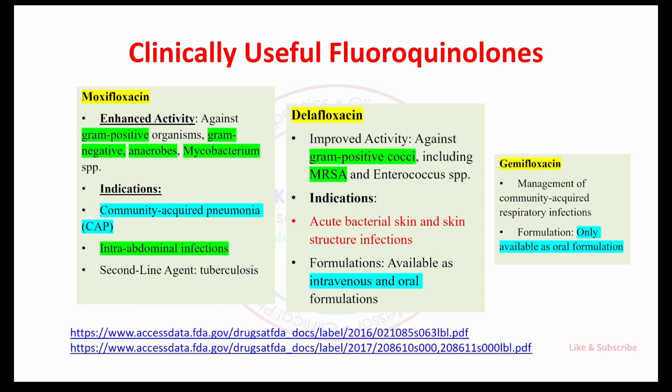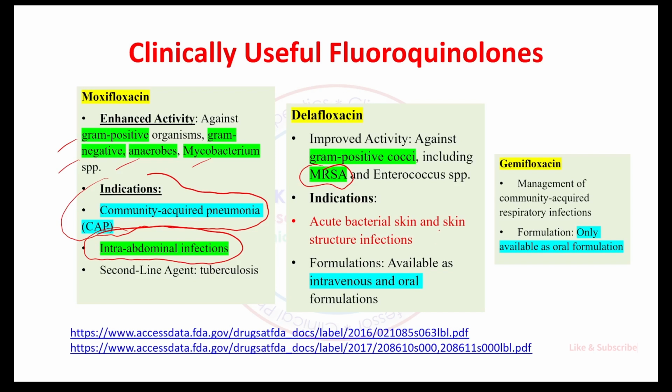Okay, moxifloxacin. We use moxifloxacin for the treatment of gram-positive, gram-negative, anaerobic bacteria, and mycobacterium, and you can see here it's used for community-acquired pneumonia. We also use it for intra-abdominal infections. What about delafloxacin? The major point is that we use it for MRSA, methicillin-resistant Staphylococcus aureus.